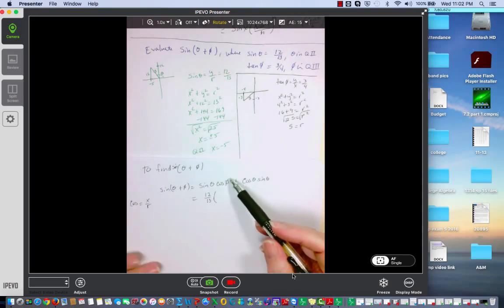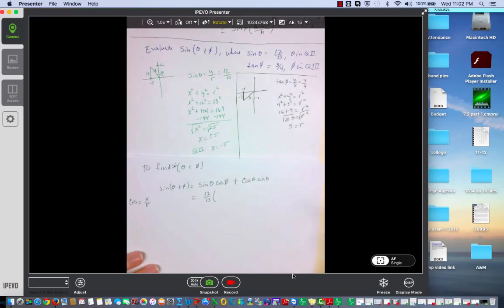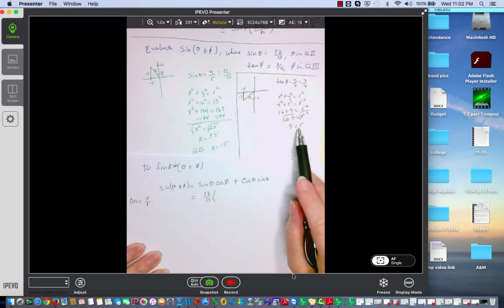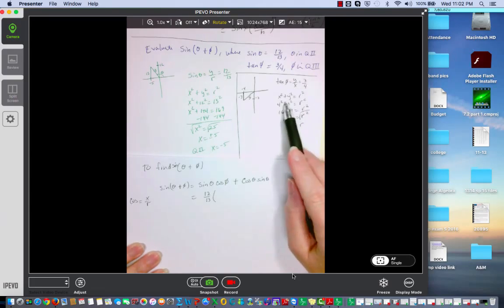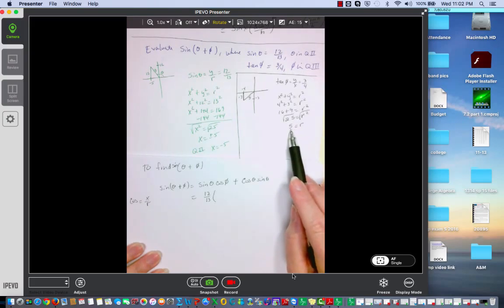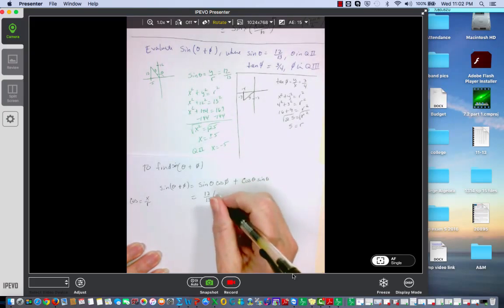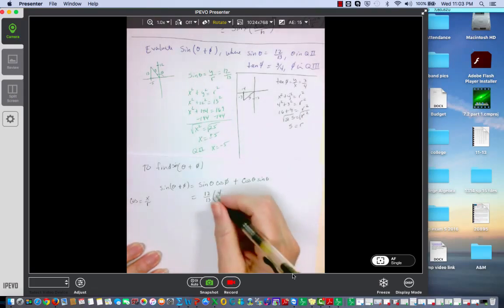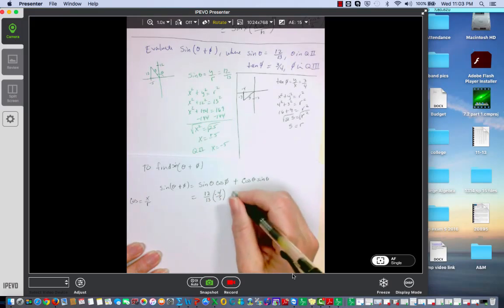Okay, sorry about that. It's phi that I'm looking for. So the x value is 4, and the r value is 5. So it's going to be 4 over 5. But is it positive or negative? We're in quadrant 3, so it will be negative.